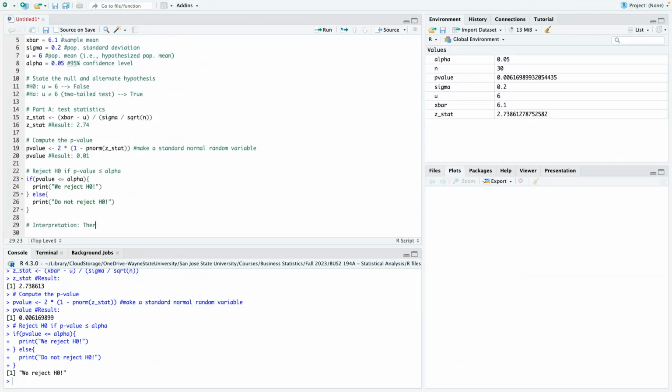So we can say that there is sufficient statistical evidence to infer that HA, which is the alternate hypothesis, is true.